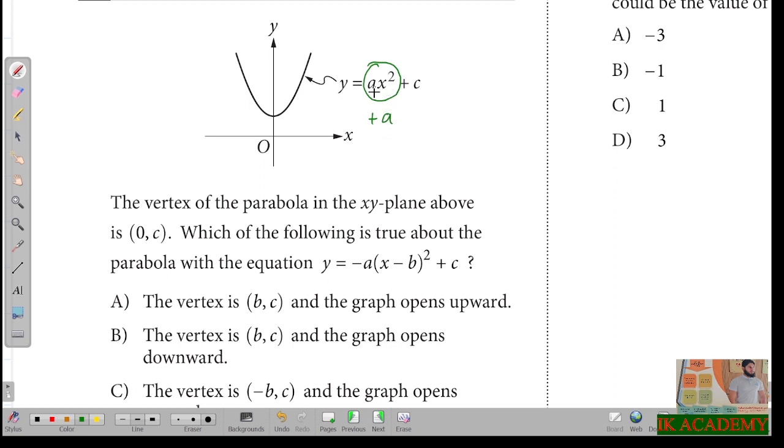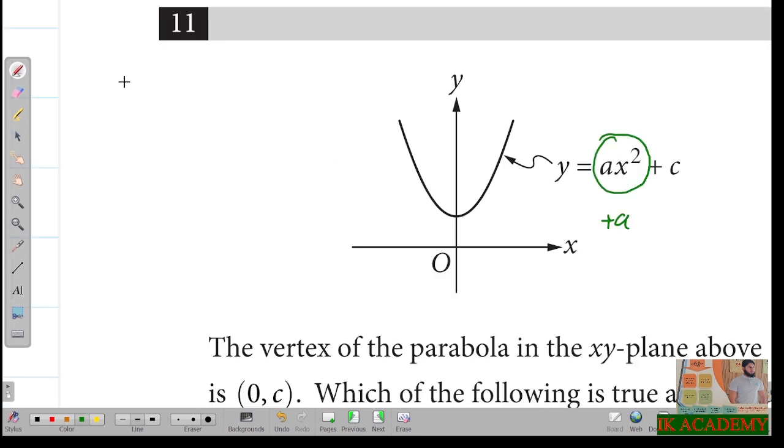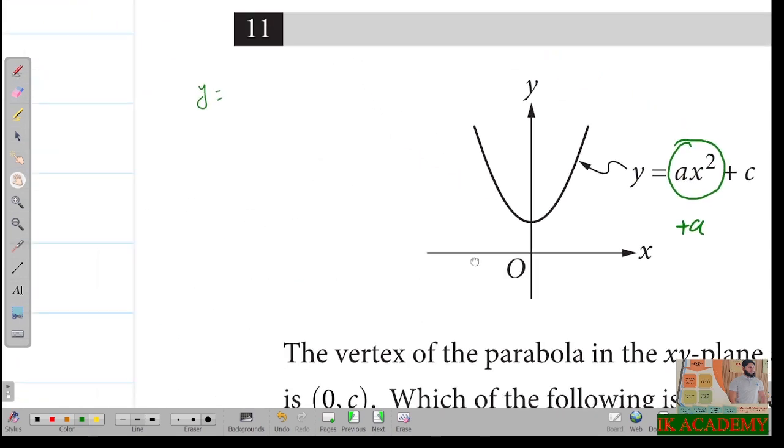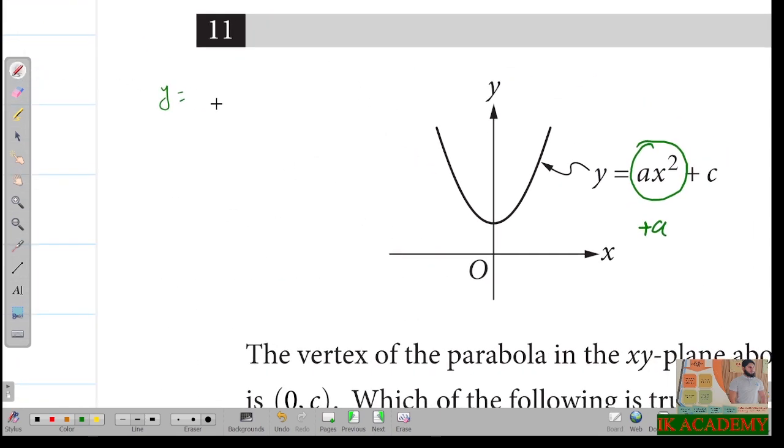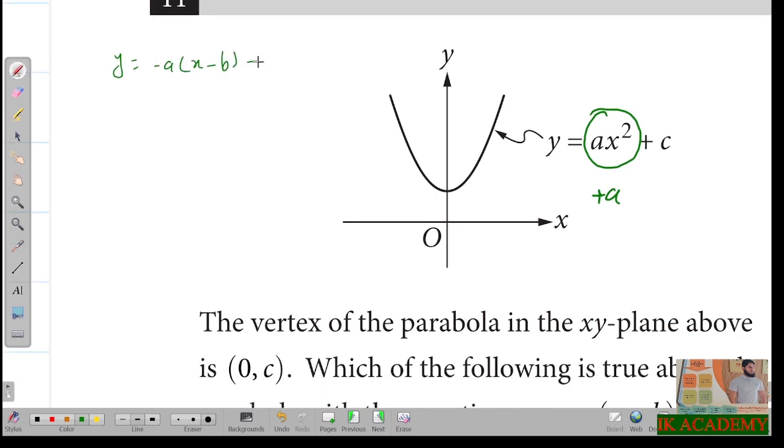And if we put x is equal to 0, then we get the y-intercept of the vertex. So here, in this equation, y is equal to minus a times (x minus b) squared plus c.